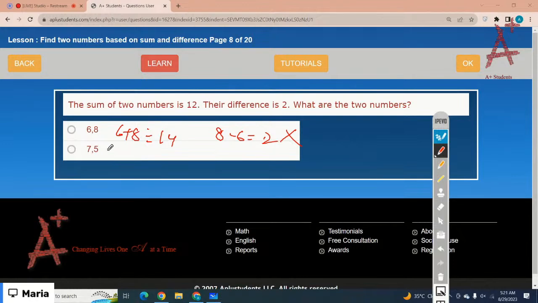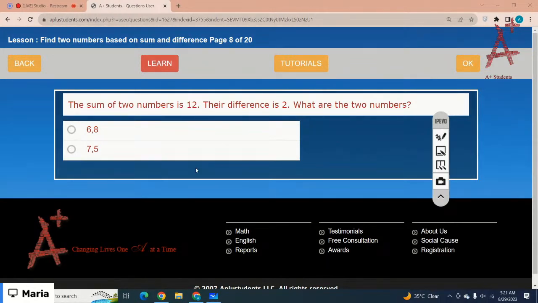Sum is 12. Let's just add the second one. 7 plus 5 is 12 and 7 minus 5 is 2. So the second option is the correct one.